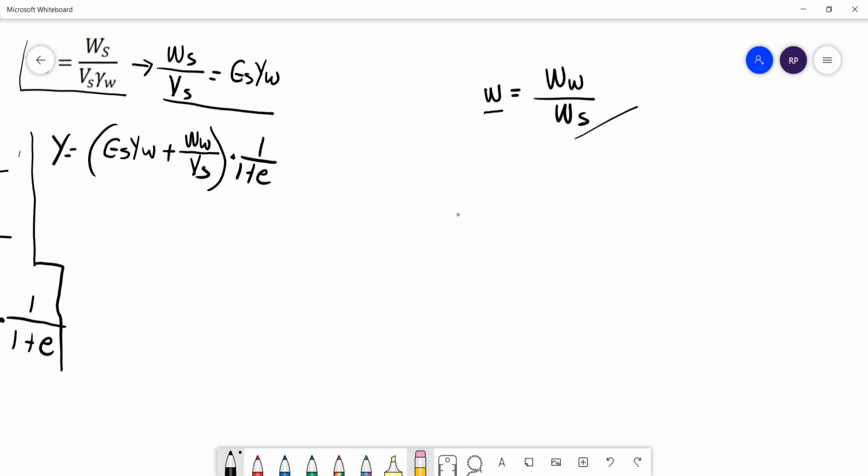Then paano natin gagamitin yan doon? So ganito yan. In terms of your WW, you would have W, then WS. That is total weight of water that is equal to the moisture content W multiplied by the total weight of your soil solids.